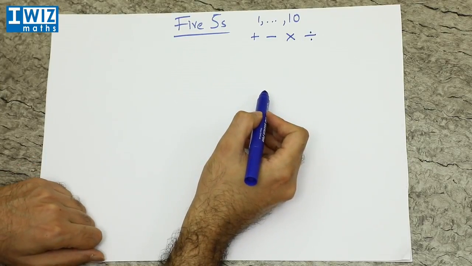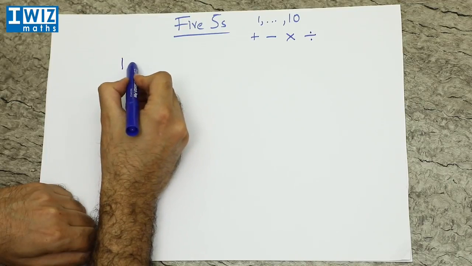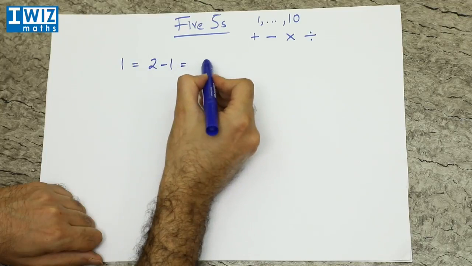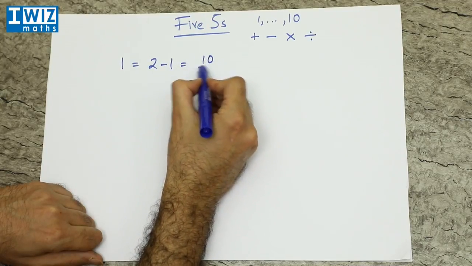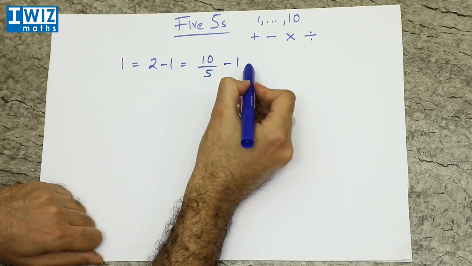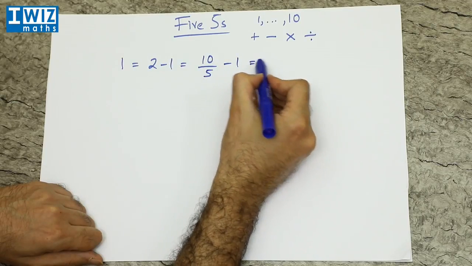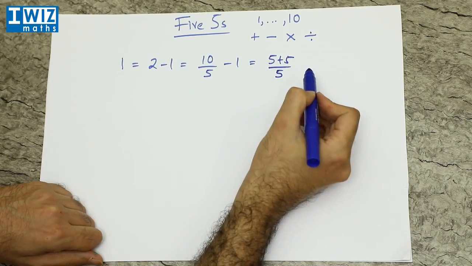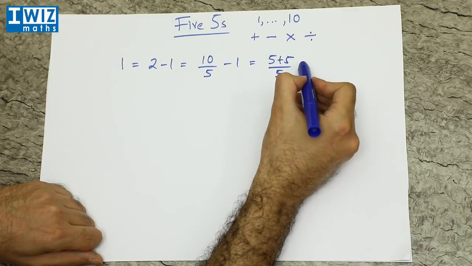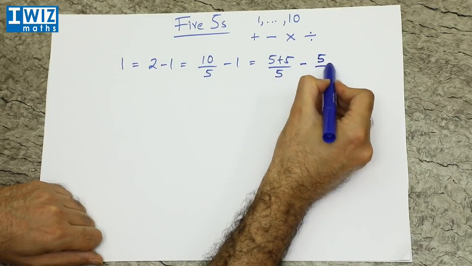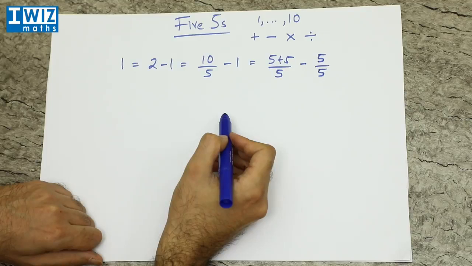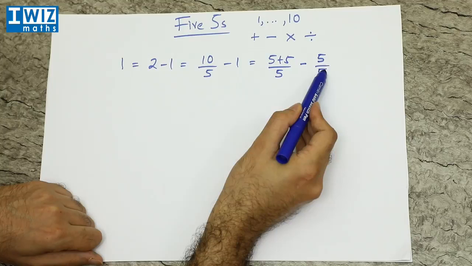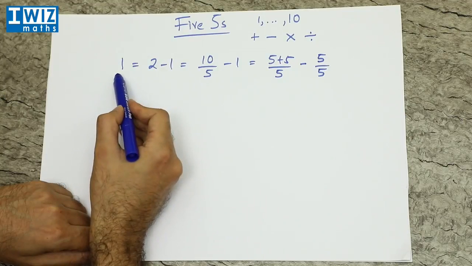So if you want to get to the number 1, 1 can be written as, let's say, 2 minus 1, which can be written as 10 divided by 5 minus 1, and that would be 5 plus 5 divided by 5 minus 5 divided by 5. So that is 10 divided by 5 is 2 minus 1, and so 2 minus 1 is just 1.